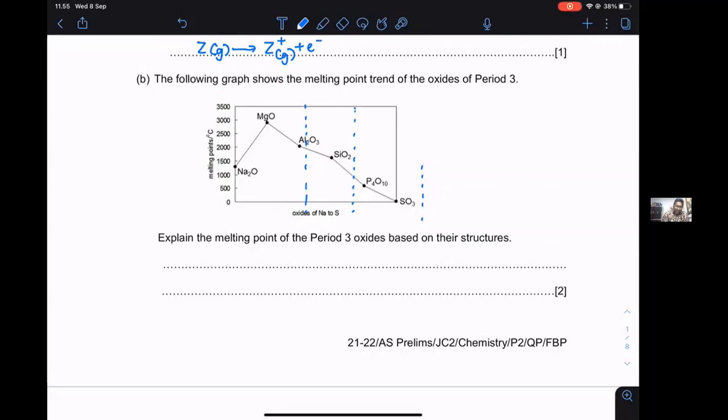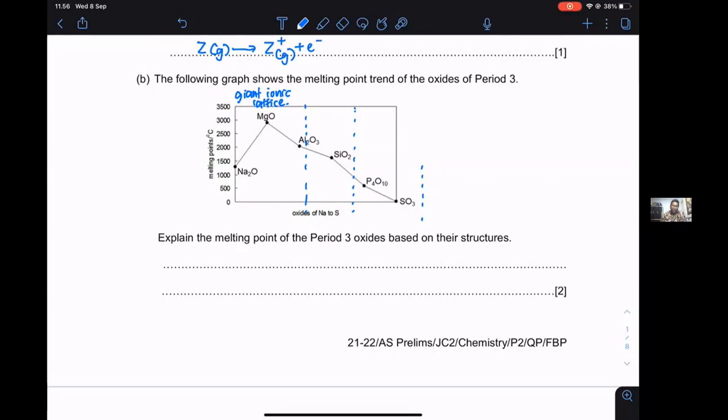All of them are going to be metal oxides. And metal oxides of group 1, group 2, group 3 will form a giant ionic lattice. This giant ionic lattice will make the boiling point and the melting point higher. That is one of the reasons.